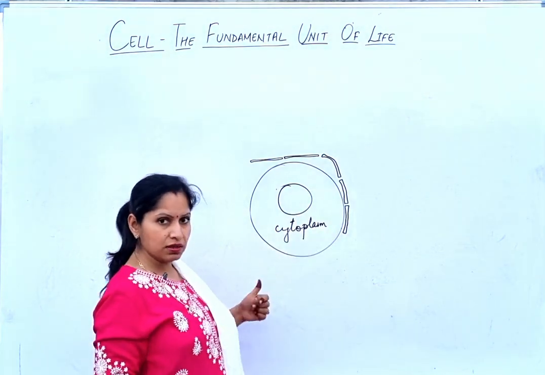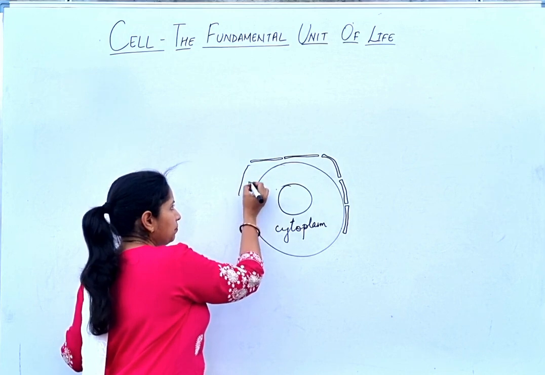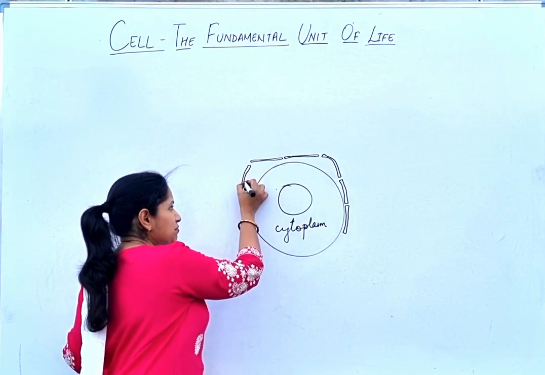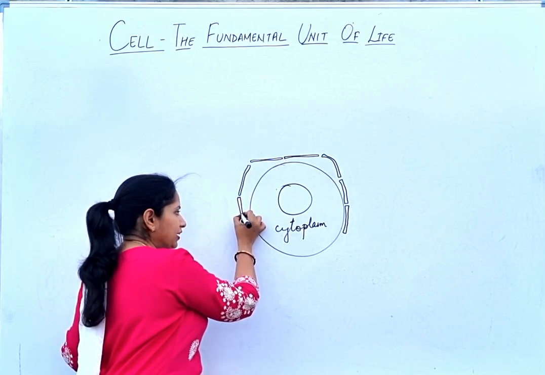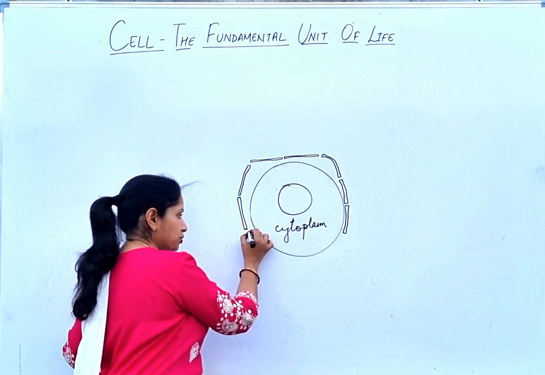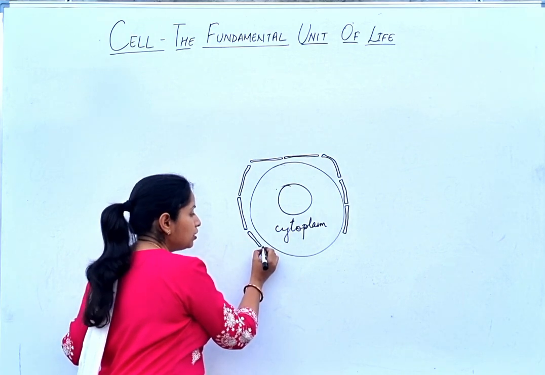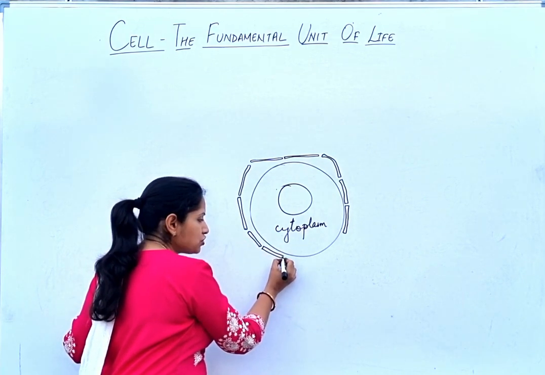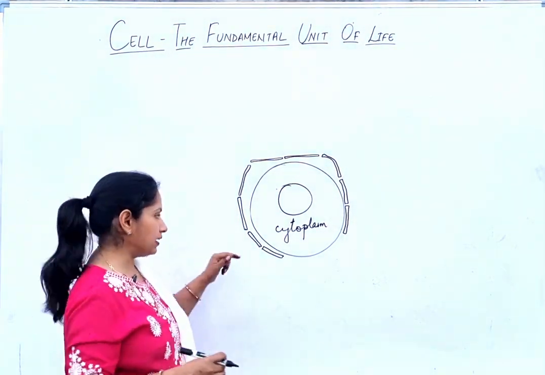So the cell wall is not a continuous layer, it has pores in between, and only through these pores can anything come across the cell. We have seen that the plasma membrane was a semi-permeable membrane. It will allow some things to pass through it and it will not allow certain other things to pass through it. But this cell wall is completely impermeable. So all things can pass only through the gaps that are present in the cell wall.